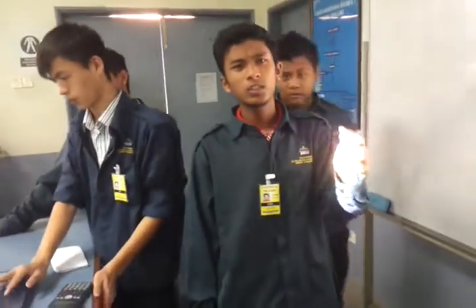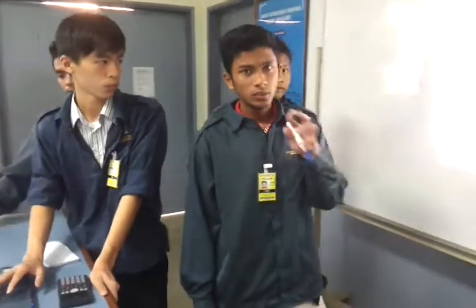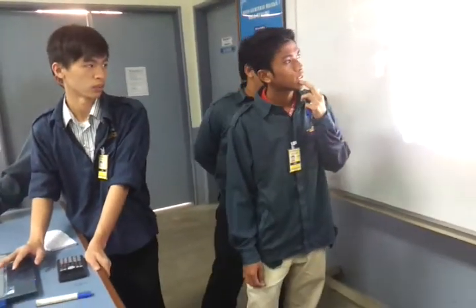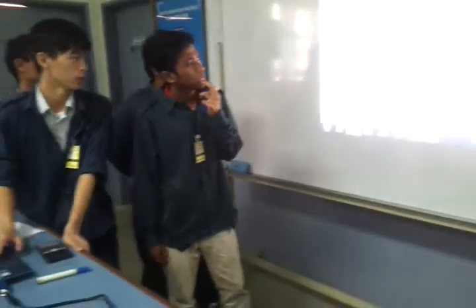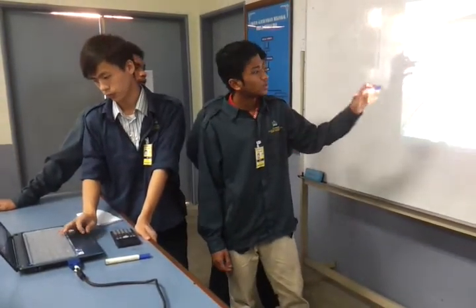To get the acceleration, you need to have the final velocity minus the initial velocity over time. How to measure displacement? You need to take a distance by using a ruler.